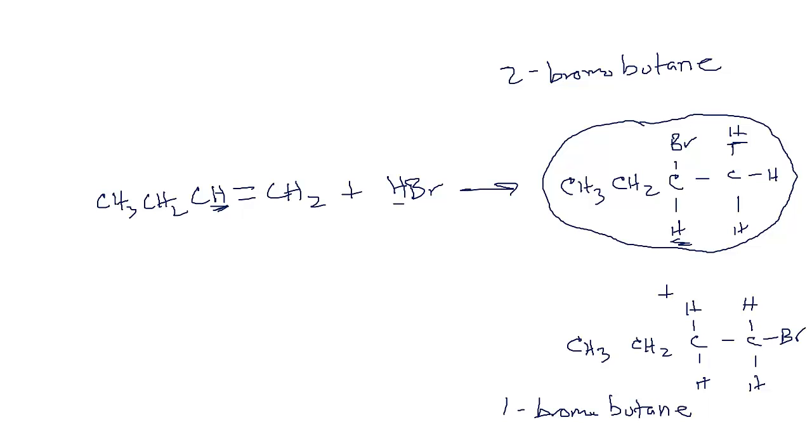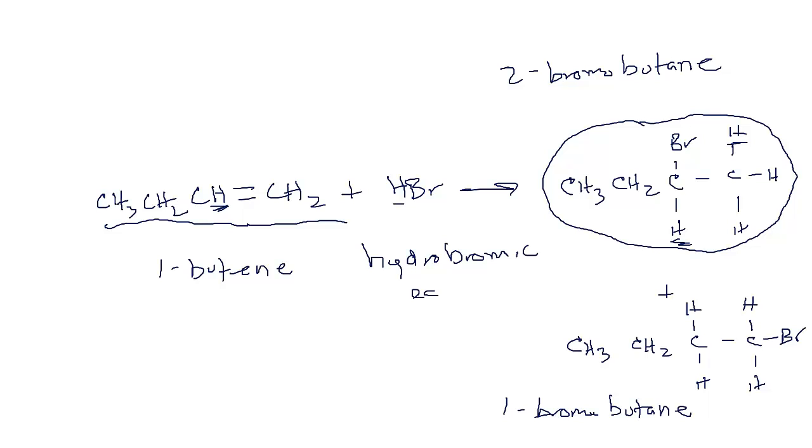All right. So then the next question is, which one of these occurs the most? Which one of these is a major product of this reaction of 1-butene with hydrobromic acid? Well, this terminal carbon had more hydrogens to begin with.